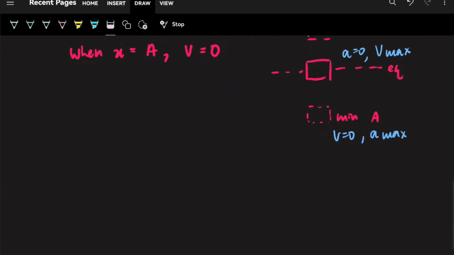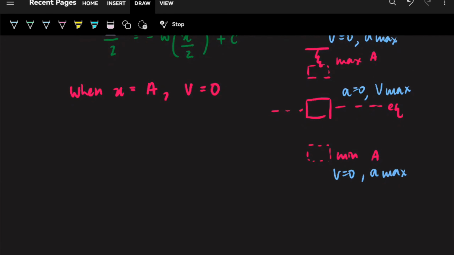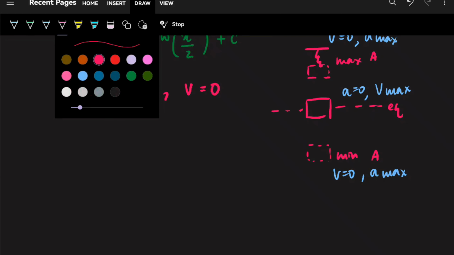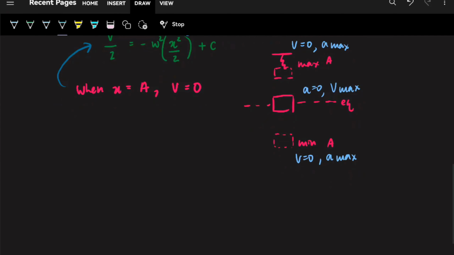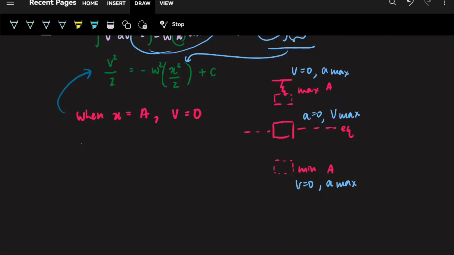Okay, now moving on. So we have come to a fact that when x is at its amplitude, your velocity is 0. So now what do we do? When you have conditions, you can sub into your equation. So when you sub in, what will you get? v square over 2 equals to, okay wait, your v is 0.